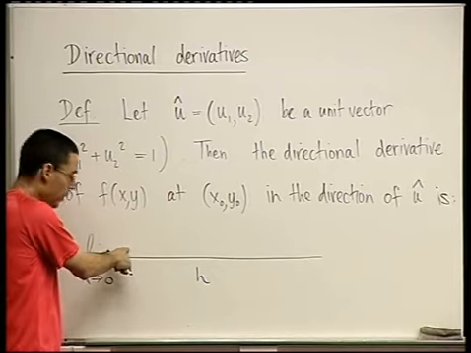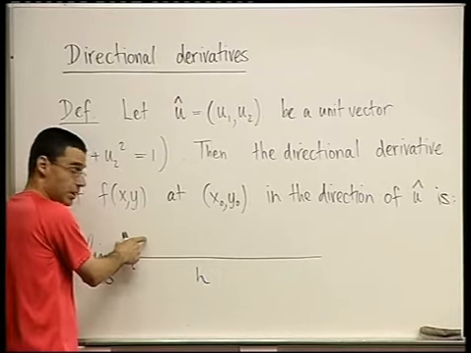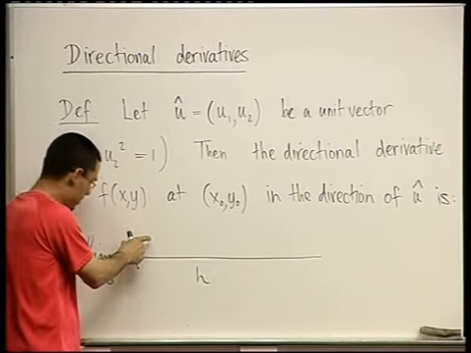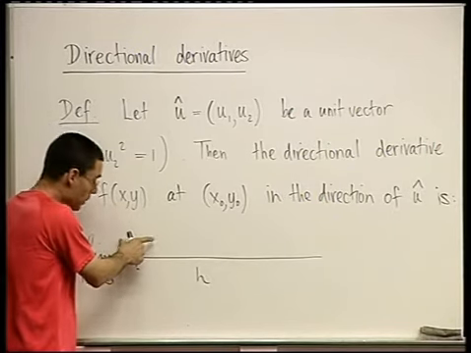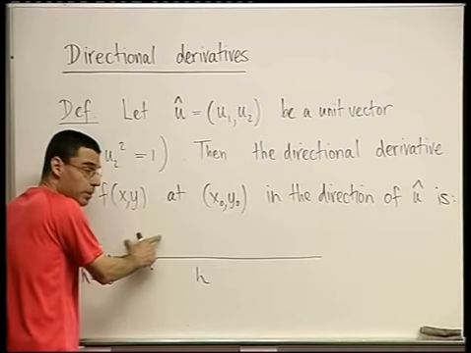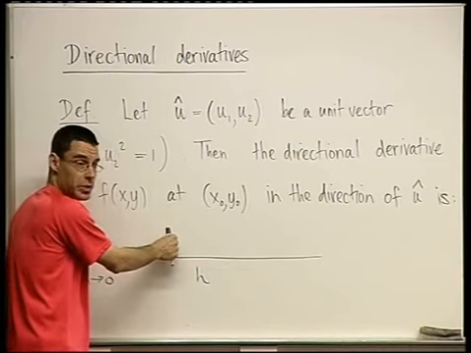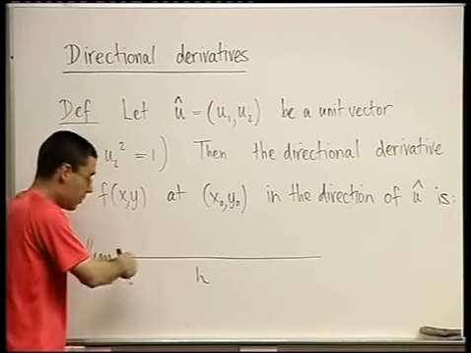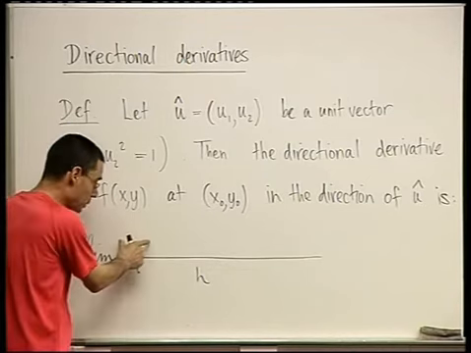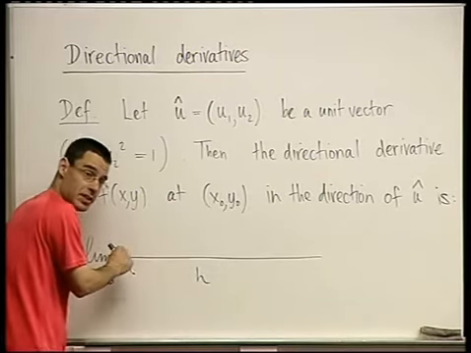had for partial derivatives. In partial derivatives, for example, the df/dx, we only looked at the local behavior at points near x and fixed the y coordinate, right? And with the partial with respect to y, we allowed y to vary slightly. We took y plus h and fixed the x coordinate.